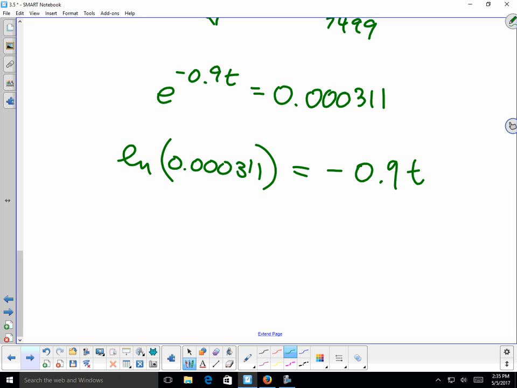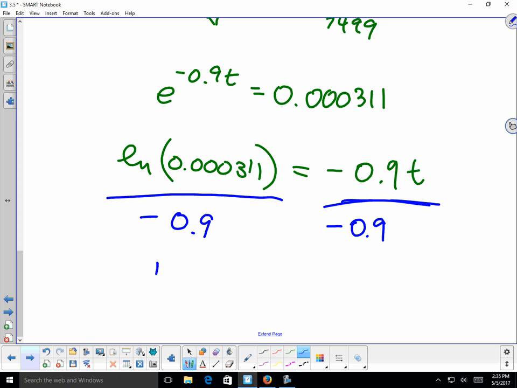All right, and at this point we can divide both sides by negative 0.9. And we get t is about how many days until they end up having to cancel all classes, Eddie? 8.97. So about 9 days until the college has to cancel classes.